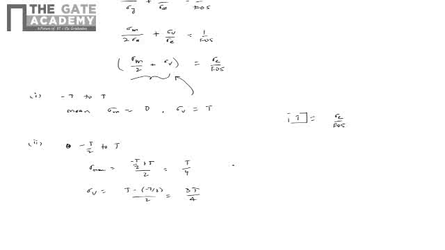So if I recall this equation, sigma mean by 2 will be T by 8 plus 3T by 4. Multiplying by 8, this will be 7T by 8, equal to sigma e by FOS.